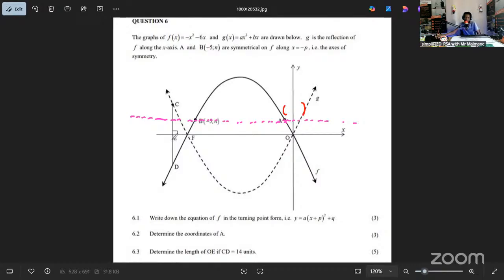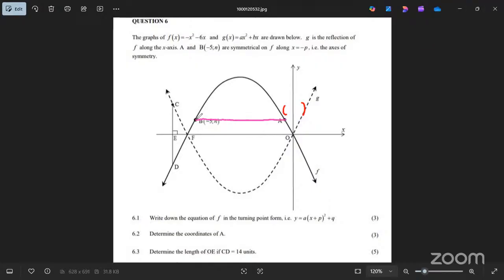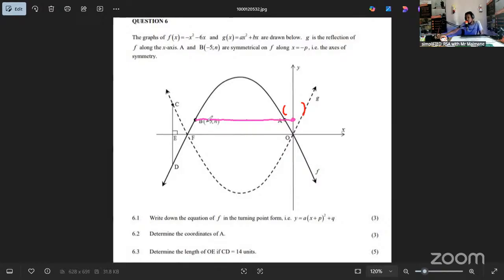Just that the line is not 100% straight. But does that give you a light bulb moment to say, oh, their values of y will be the same? Because if y is here, throughout, the value of y will be the same.